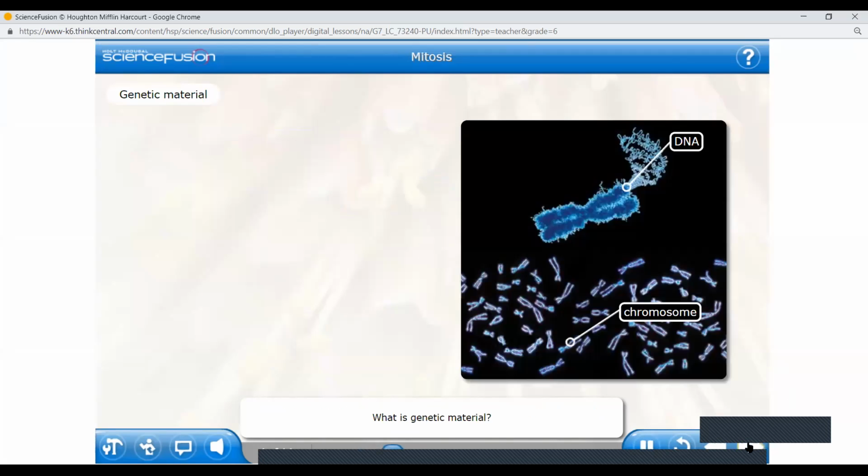What is genetic material? All living organisms contain DNA in their cells. DNA, which is short for deoxyribonucleic acid, is an information-containing molecule. This information determines all the traits an organism inherits and needs to live.